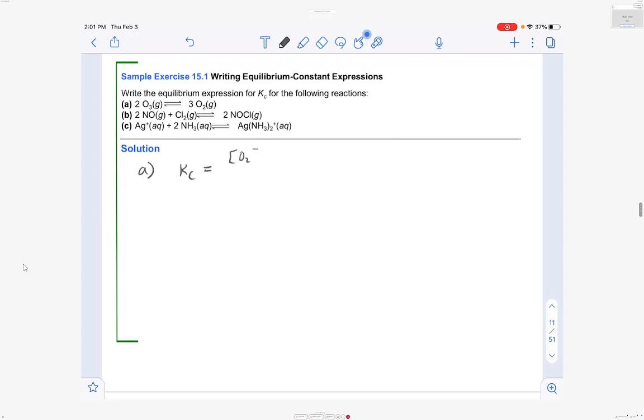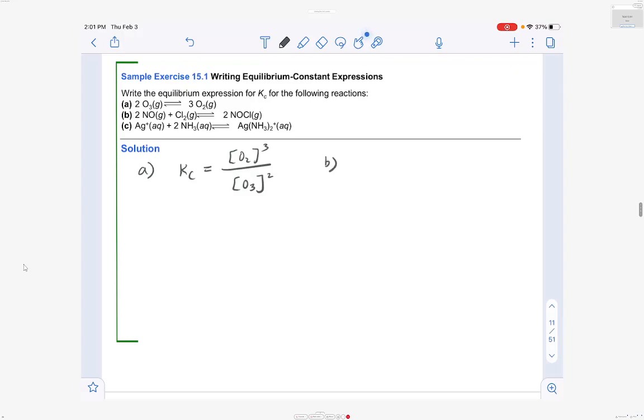The product is O2 raised to the third power, divided by the denominator, the reactant concentration raised to the power equal to the coefficient. So the equilibrium constant for reaction A is going to be like so.